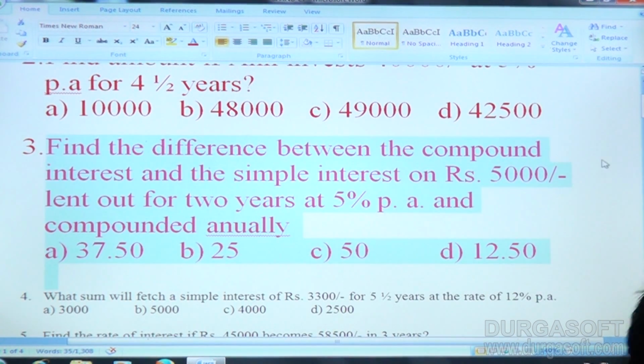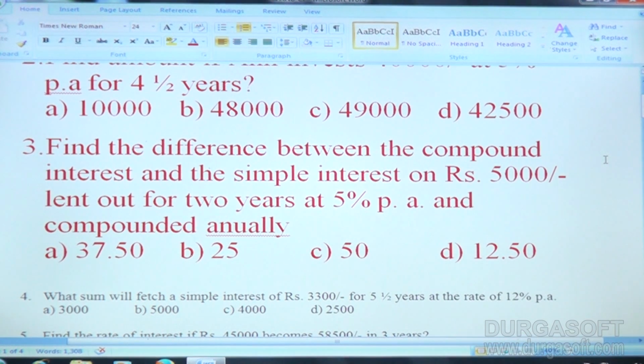When you go through the compound, you have to calculate the interest for how many years? 2 years. If it is compounded annually on 5,000 rupees, 5,000 rupees is the principal.